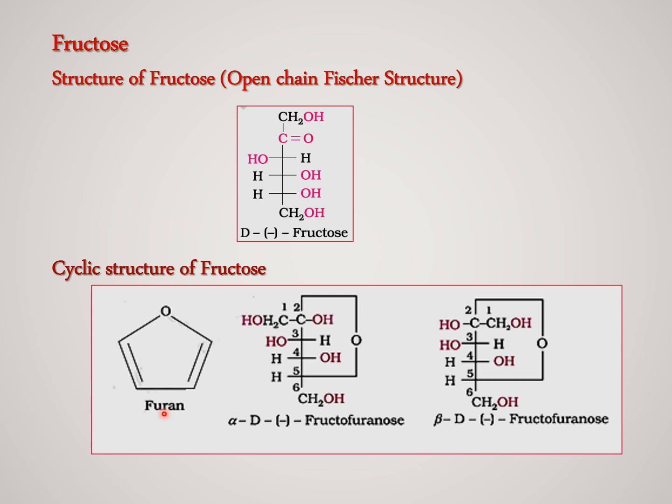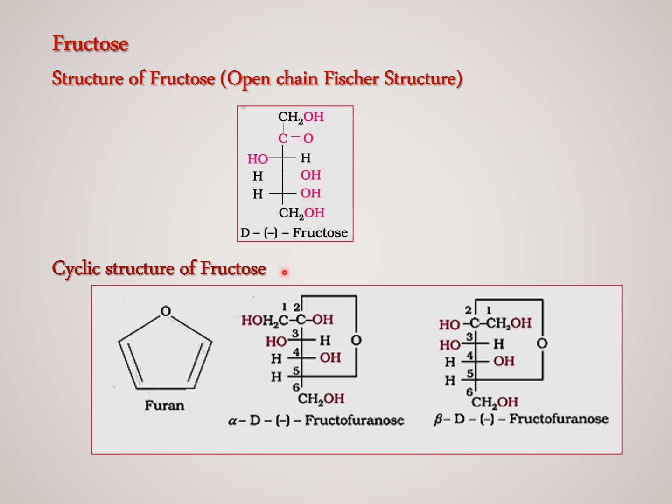Out of those 5 members, there are 4 carbon atoms, which I am pointing at now, and 1 oxygen atom. Therefore, whenever we discuss the ring structure of fructose, the OH group on the 5th carbon atom is involved in the ring formation with carbon number 2, the ketonic group.